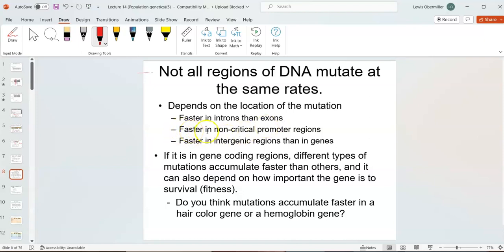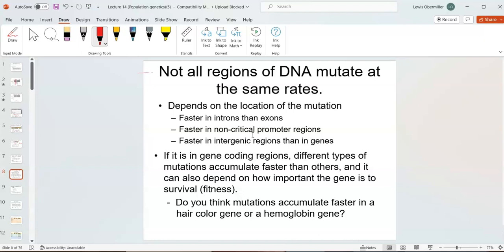It's going to mutate faster in non-critical promoter regions. So we talked about this. The space between the -10 and -35 doesn't really matter. So those sequences are going to be more free to mutate and not cause an issue, as opposed to being right in the -10 or -35 region.